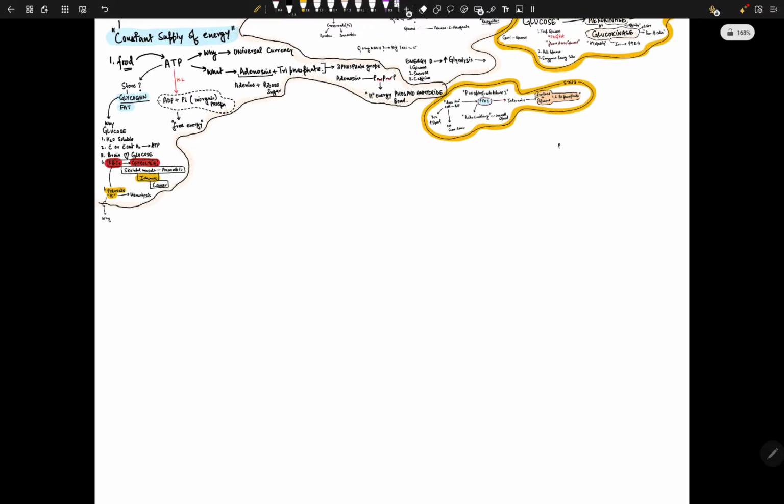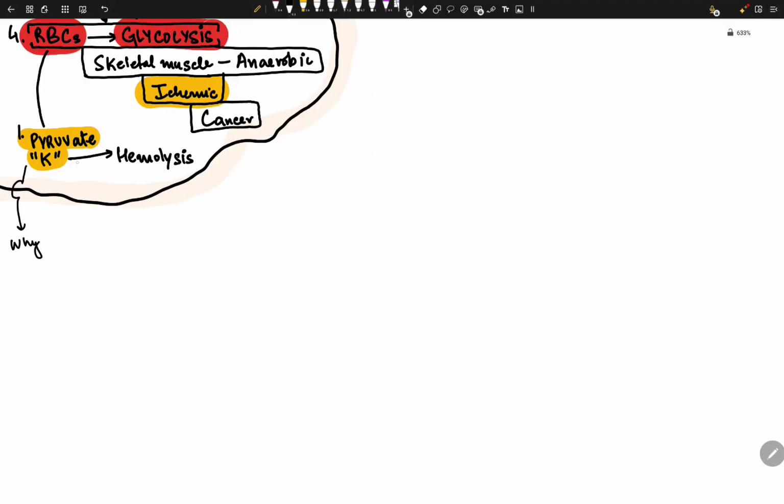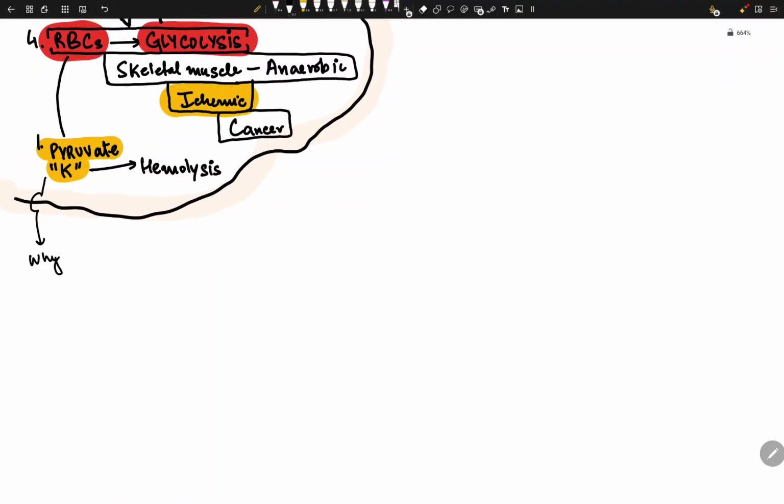This step is called the pyruvate kinase step. Pyruvate, you must be thinking, I know this word, I think I heard about it somewhere. Well, pyruvate kinase deficiency causes hemolysis. Why? Because pyruvate kinase is the final step. If the pyruvate kinase step fails, you essentially do not have glycolysis.